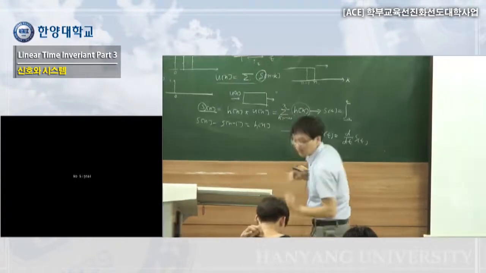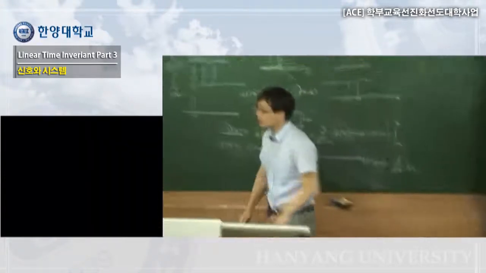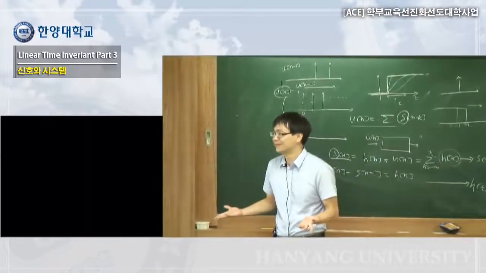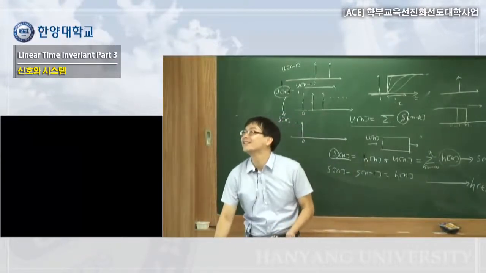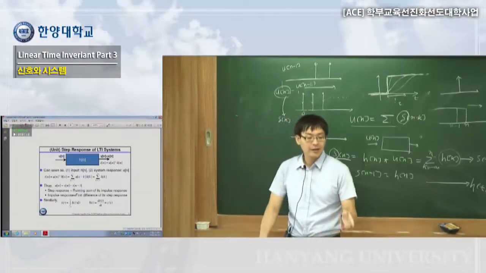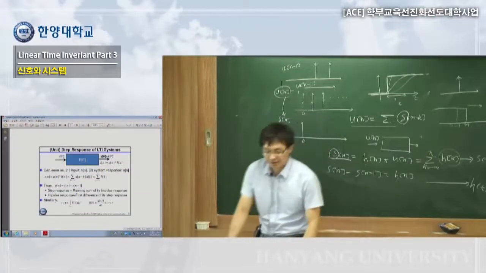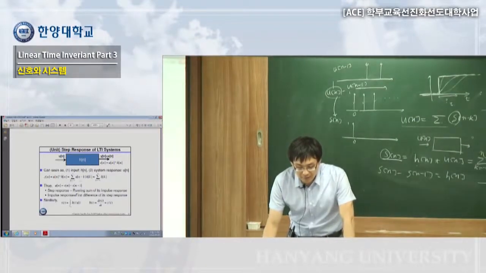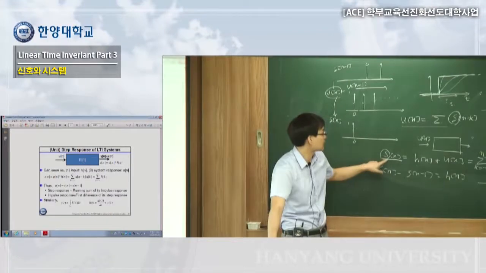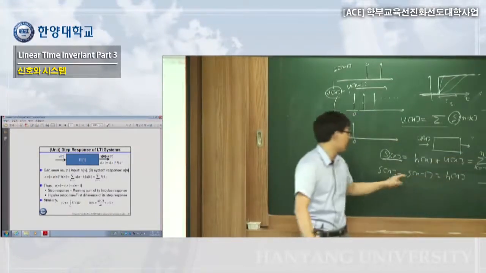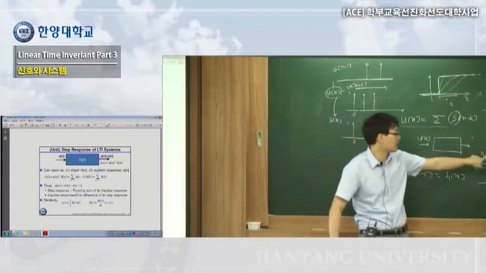So the question was, that's a very good question. I'll talk about it later. So the question was, we view this one, in here, Sn to be n, and Sn minus n to be n minus n.